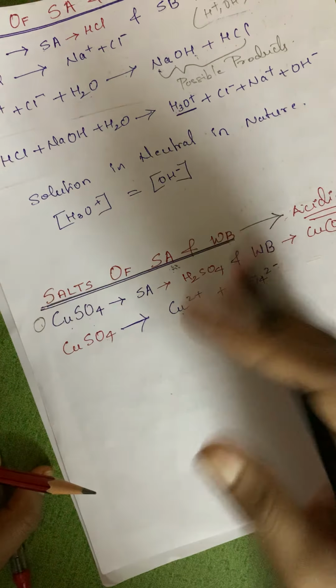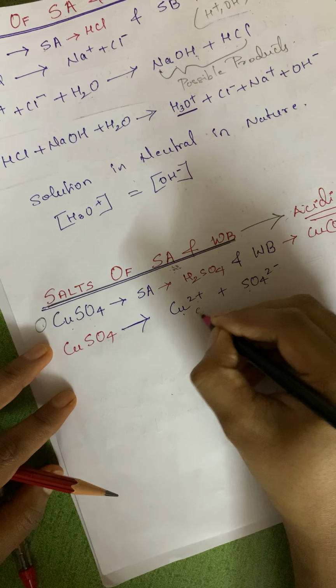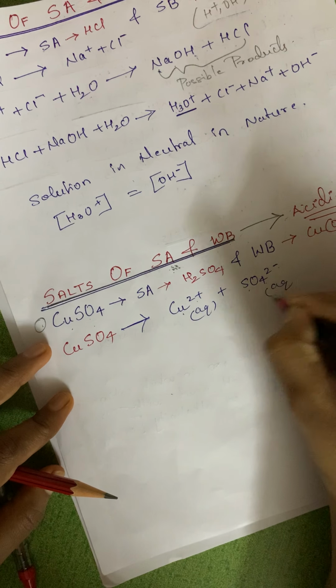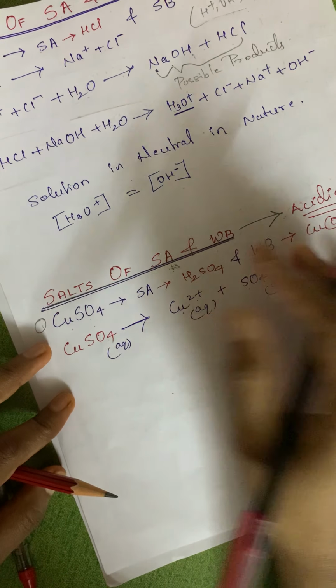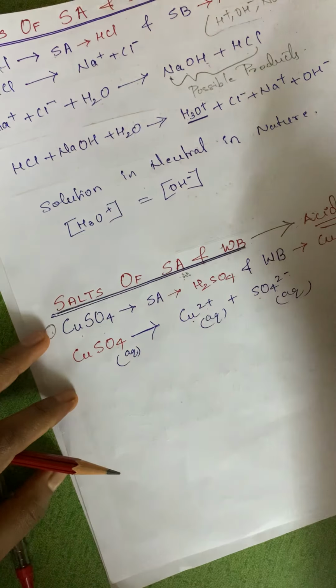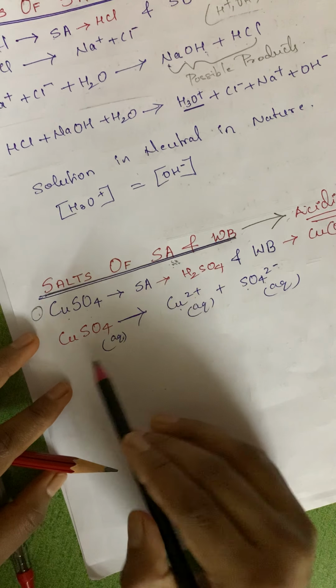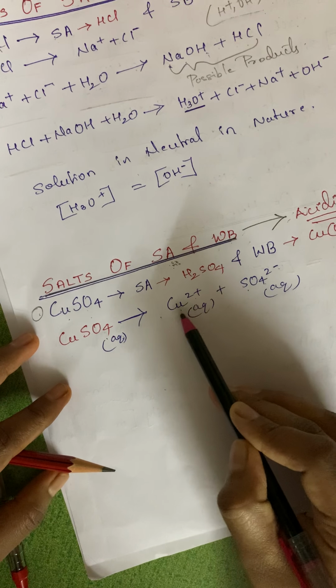Please write down aqueous everywhere wherever we are showing dissociation. Even in the above step, please write down aqueous. So copper sulfate will be completely dissociated as Cu2 plus and SO4 2 minus.